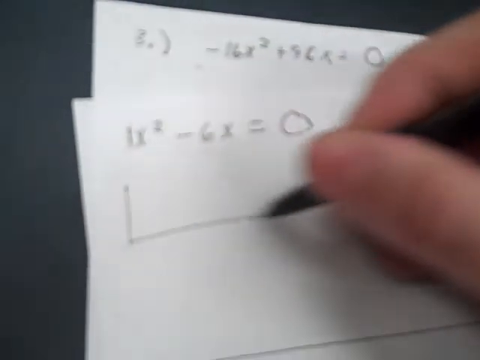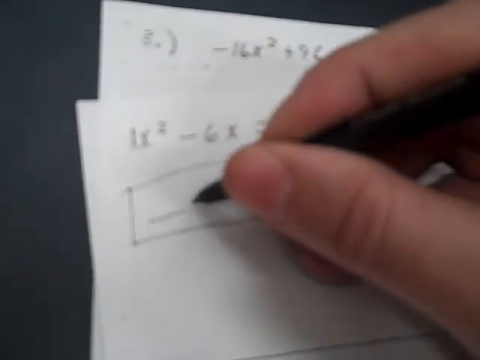Okay, my next problem. Set up that box, and then we're going to break that up. So GCF. I do not have a negative in front, so we don't put a negative. I underline both the big guys, and they both contain x, so I put x.